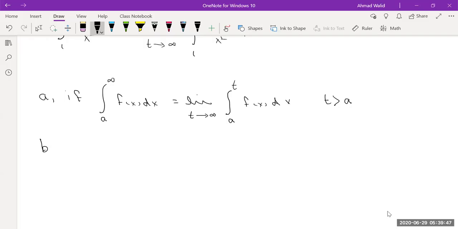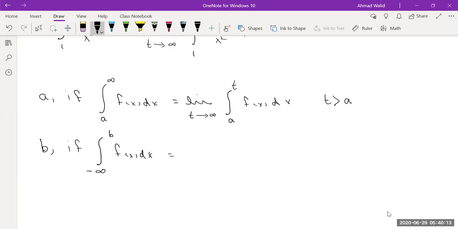B, if you have an integral, for example, from negative infinity to b of f of x dx. In this case, name negative infinity t, right? Some professors use a and b, but in your book, the general form is this way, and I really agree with your book.